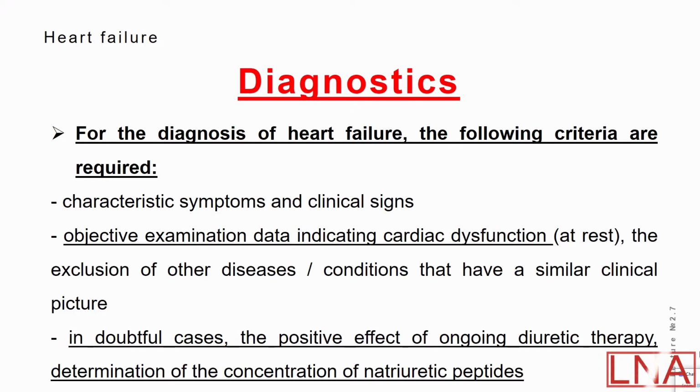Next, objective examination data which indicate cardiac dysfunction at rest or due to increased levels of physical activity, and the exclusion of other diseases that have a similar clinical picture. For example, we need to differentiate dyspnea in pulmonary embolism, dyspnea in COPD, and dyspnea in chronic heart failure. In doubtful cases, the positive effect of ongoing diuretic therapy and determination of the concentration of natriuretic peptides.